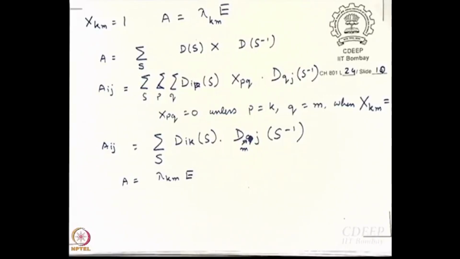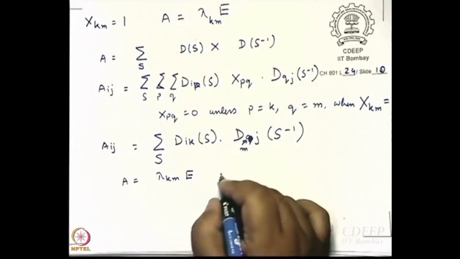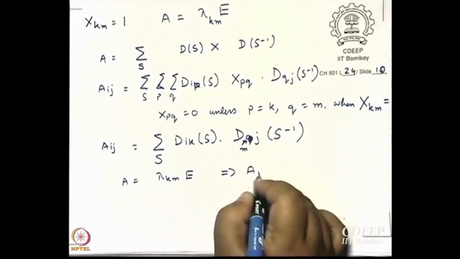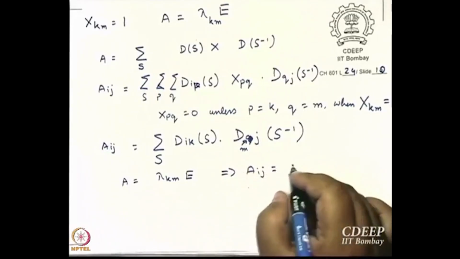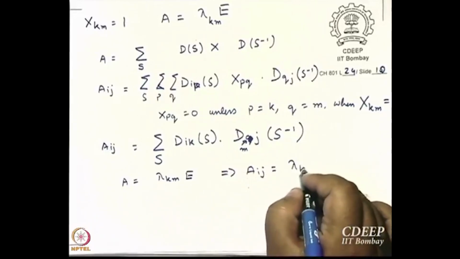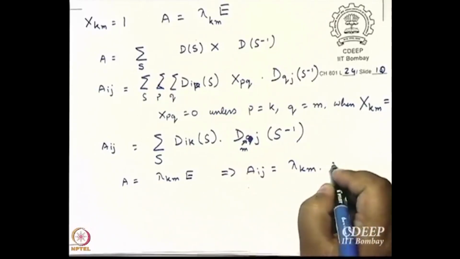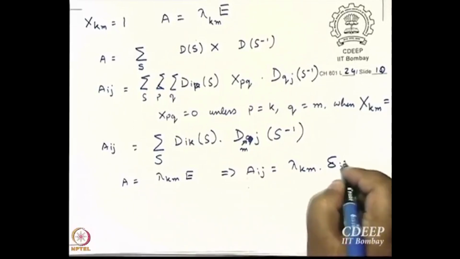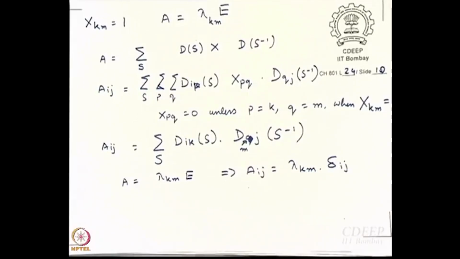and now we introduce our Kronecker delta. What is Aij? Aij equal to lambda km, will you allow me to write delta ij? See, we are getting there. We already have one of the Kronecker deltas.